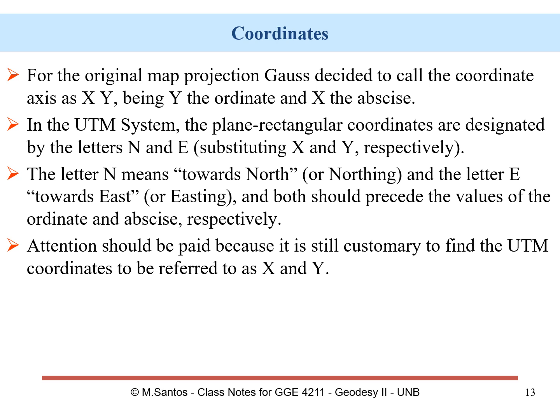N means northing, and E represents easting. And both should precede the values of the ordinate and the abscissa, respectively. Attention should be paid because it is still customary to find UTM coordinates referred to as x and y.